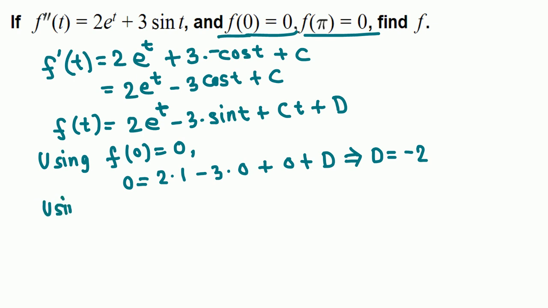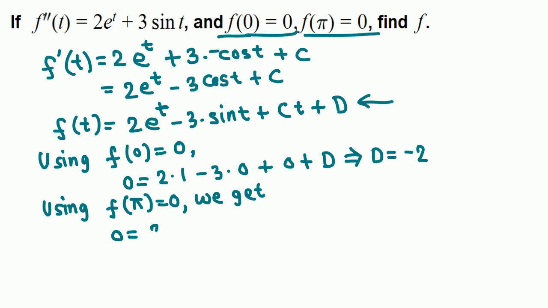Using f(pi) equals 0, f is 0 when t is pi, so 2e^pi. e to the pi is just a constant, so we just leave it as it is, minus 3 times sin pi.